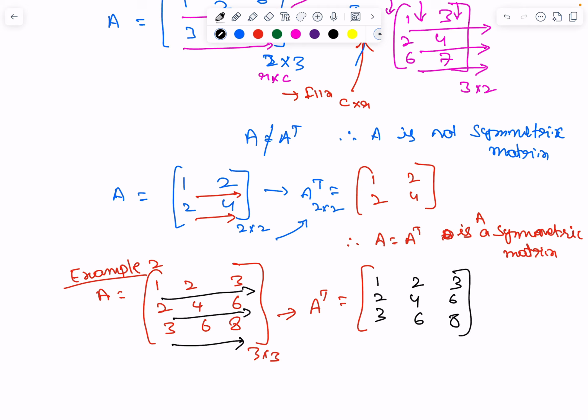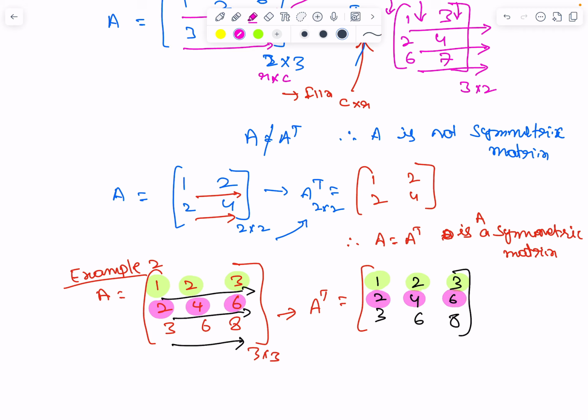Then you see whether it is the same or not. You see the correspondence. First row, first column, same. First row, second column, same. First row, third column, same. These are matching. Next, second row, first column is same, second row, second column is same, second row, third column is same.